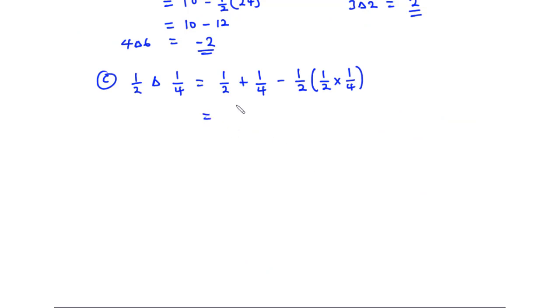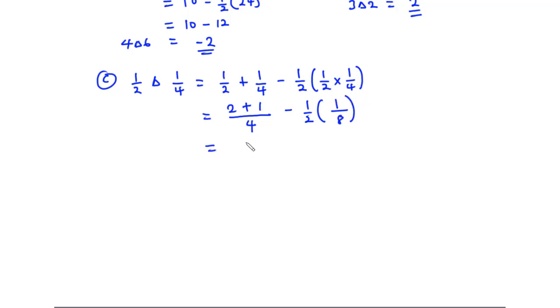Now let's find the LCM of 2 and 4. The LCM is 4. 4 divided by 2 is 2, 2 times 1 is 2. And then 4 divided by 4 is 1, 1 times 1 is 1. For the product, 1 times 1 is 1, and 2 times 4 is 8. So we have 1 over 8.